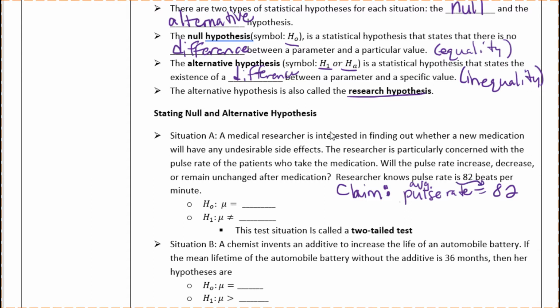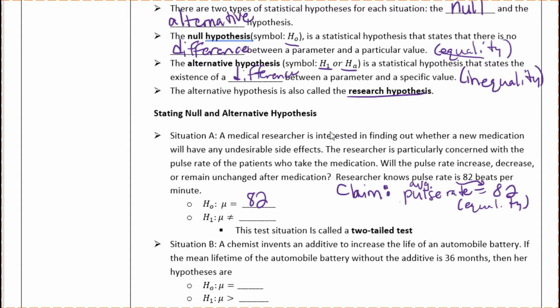So that's the claim. But we know that the hypothesis for the statement of equality belongs to the null hypothesis. This is a statement of equality, right? So therefore, that belongs to the null hypothesis. So mu is equal to 82. All right? So you start with the claim, and then you assign which one it belongs to, depending on if it's equal or not.